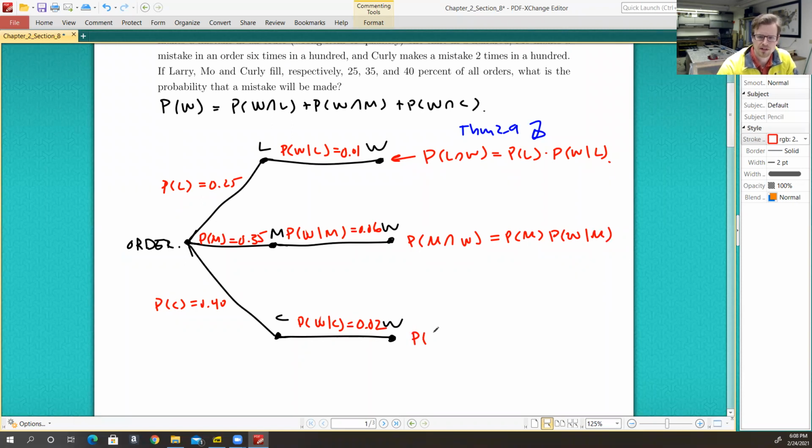And the probability that Curly filled it and there's a mistake is the probability that Curly filled it times the probability that there's a mistake given that Curly filled it. Excellent. So these three ways are the only ways that we can get a mistake. Larry fills it, he makes a mistake. Mo fills it, makes a mistake. Curly fills it, makes a mistake.